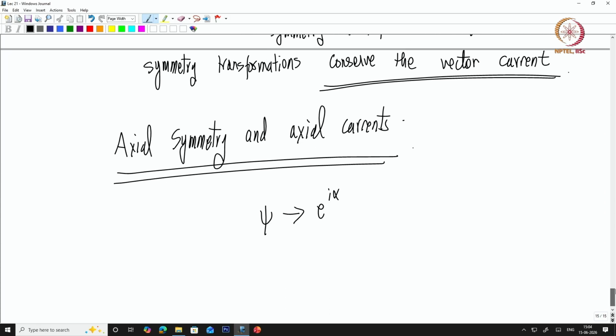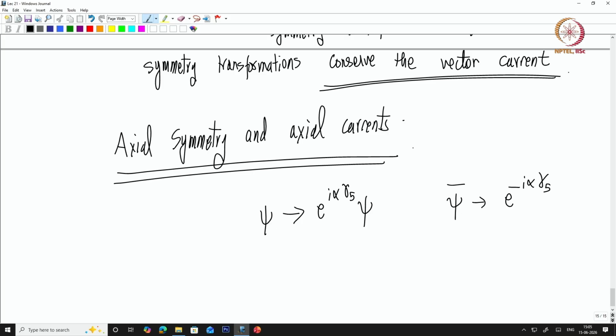You can also put in gamma 5 on the top, times psi. So psi bar transforms as psi bar going to e power minus alpha gamma 5.